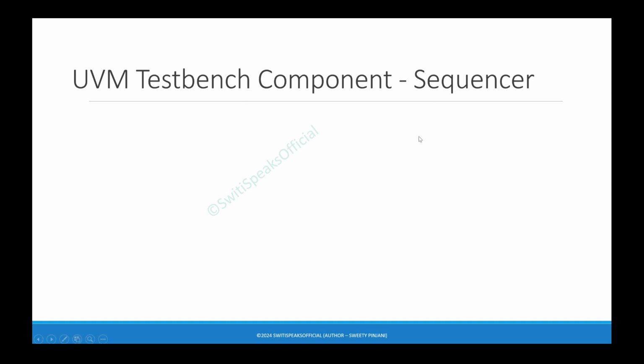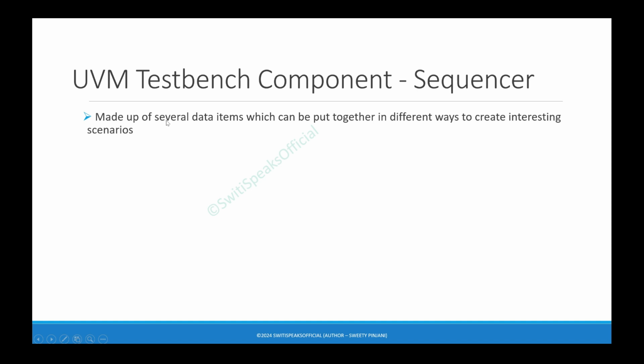What is a sequencer? A sequencer is made up of data items which will be put together in different ways to create interesting scenarios. And these data items are sequences or sequence items.